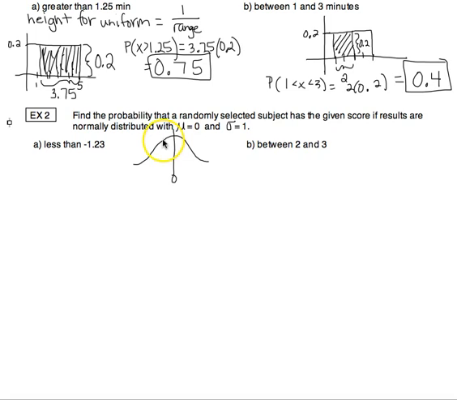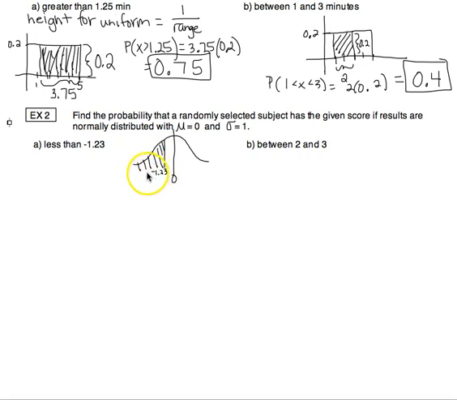So less than negative 1.23 would be like somewhere over here, right? So if this is negative 1.23, if we want to know the probability that a score is below that, what we're doing is finding this area, because probability corresponds to area now.